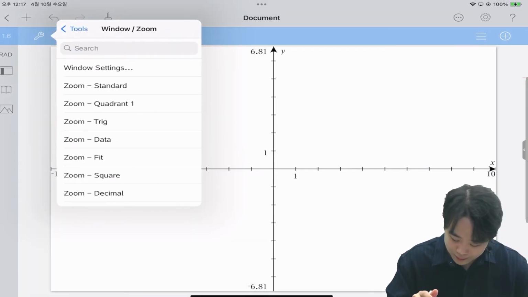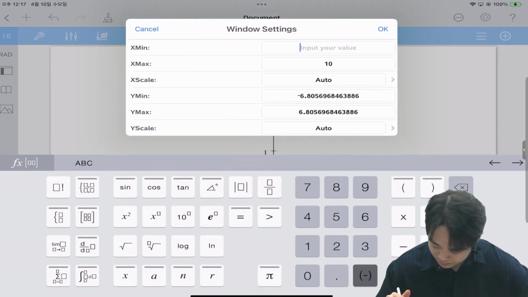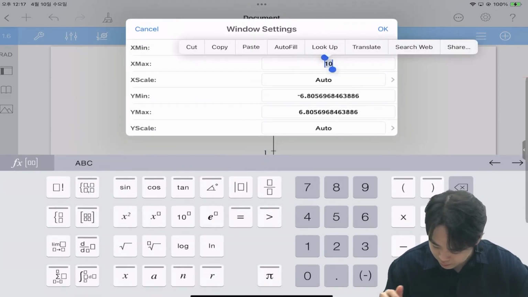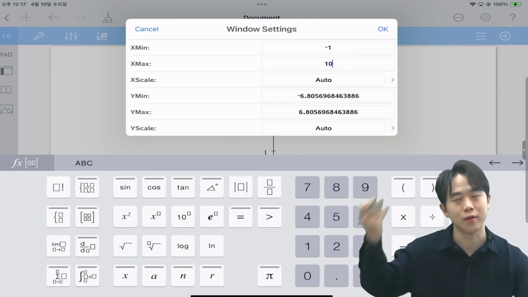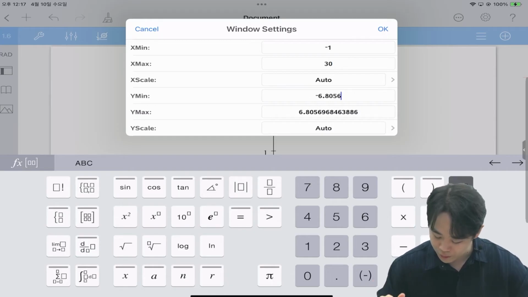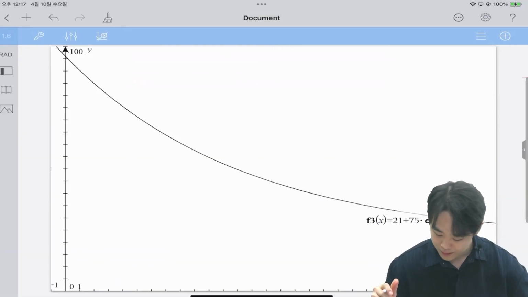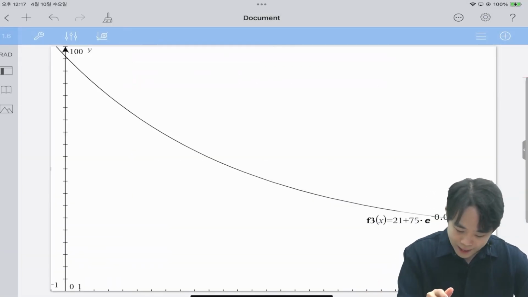So I know that I might want to go from t is maybe negative 1 to, say, 10, since we know that k is going to be around the 6-minute mark. But let's just actually graph it until the 30-minute mark. And then we know that our temperature starts from 90-something degrees, so let's set our temperature range from 0 to 100. We know that our temperature is not going to fall below 21. So this is what we get. Let's add another graph.